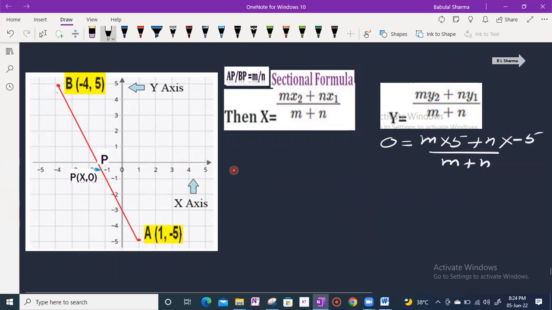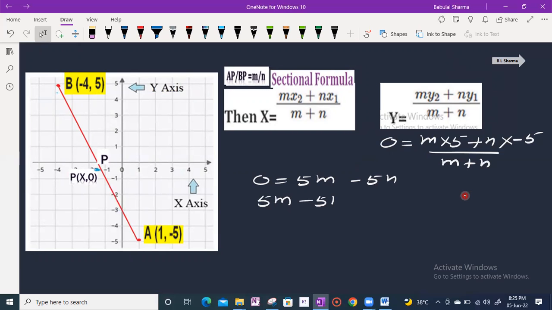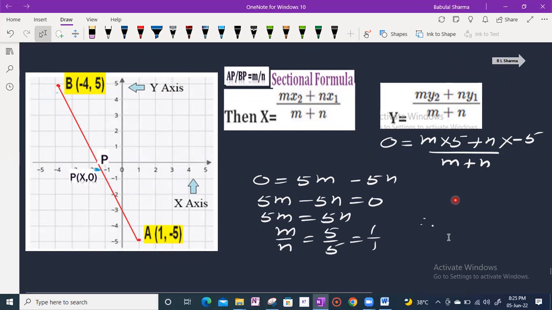On cross multiplication, m plus n multiplied by 0 becomes 0, so further we can write 0 is equal to 5m minus 5n, or 5m minus 5n is equal to 0, 5m is equal to 5n, so m upon n is equal to 5 by 5, that is 1:1. Therefore, if m is 1, then n is also 1.